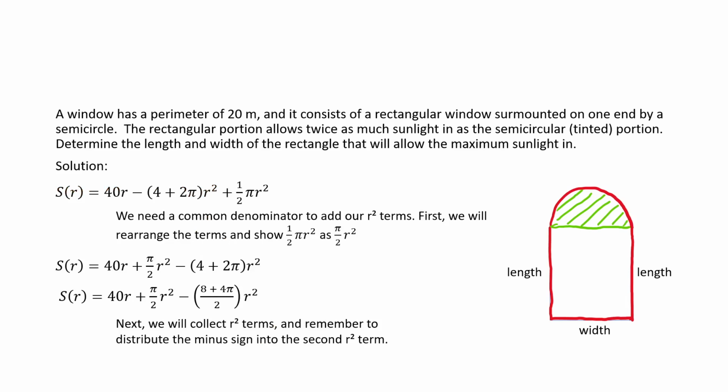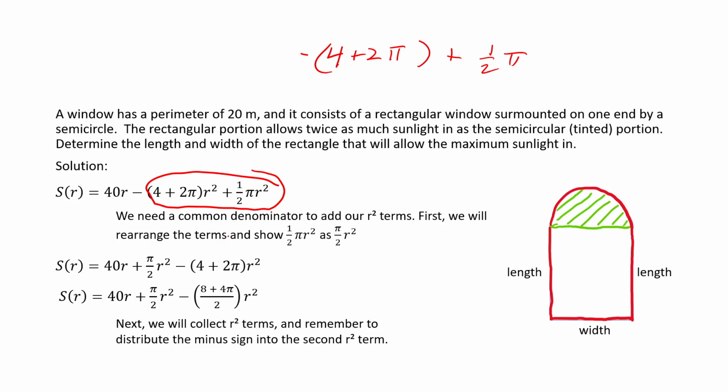Okay, well, we want to add these two R squared terms because they're both like terms. So in other words, what we're trying to do is add 4 plus 2 pi, the coefficient of the first term, and that's actually a negative quantity, 4 plus 2 pi. And then we also want to add that to 1/2 of pi. And when we do that, we will have collected the like terms there, the R squared terms.